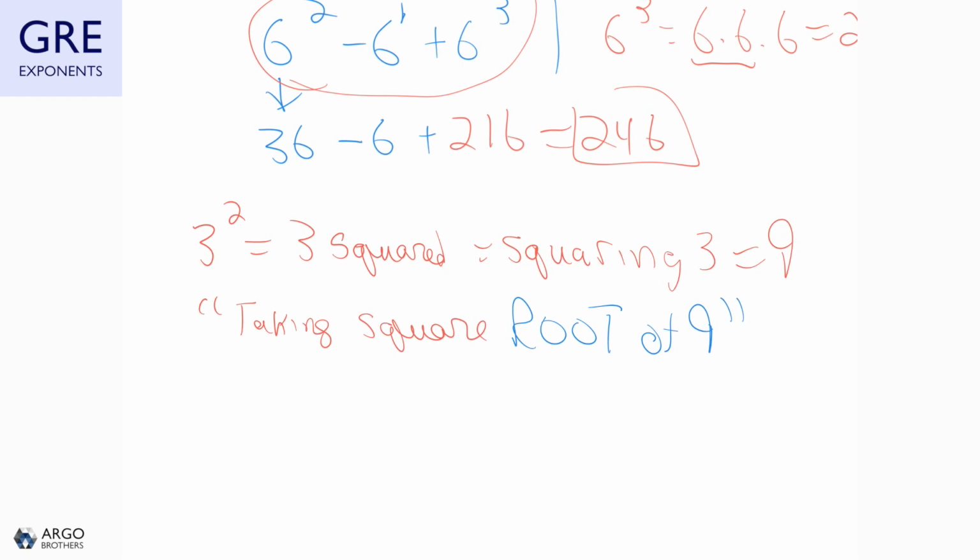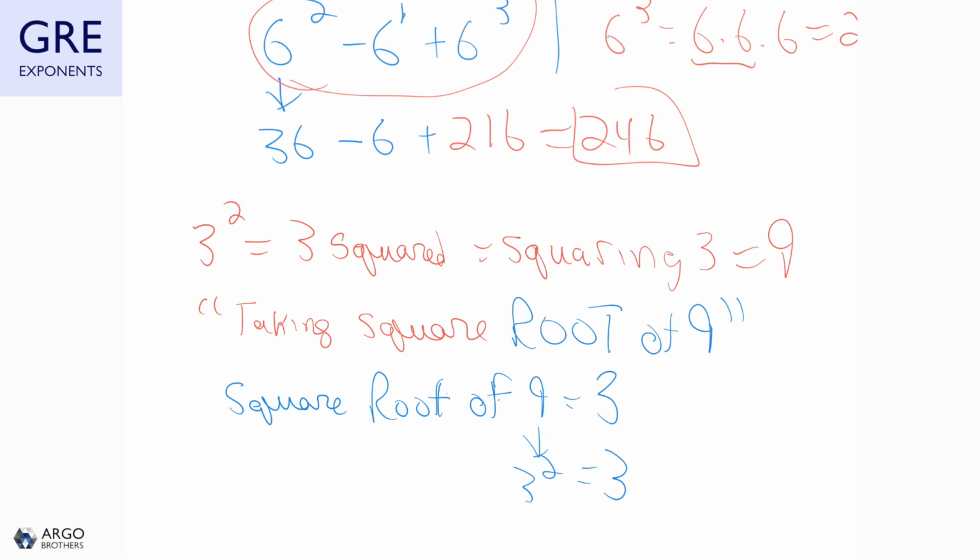If 3 squared is 9, then the square root of 9 would be 3. So the square root of 9 is 3. And we know 9 is 3 squared, so we can say the square root of 3 squared is 3. Now, we're talking about math.